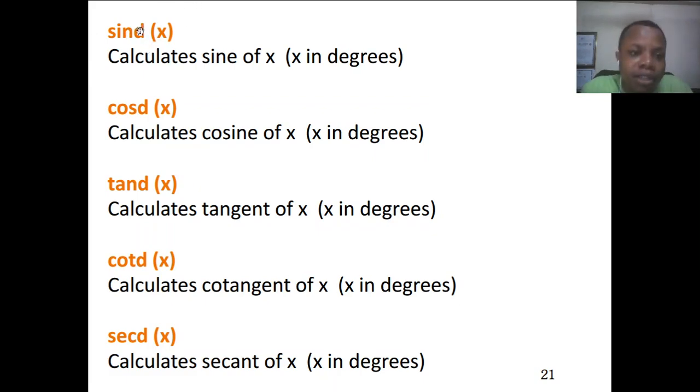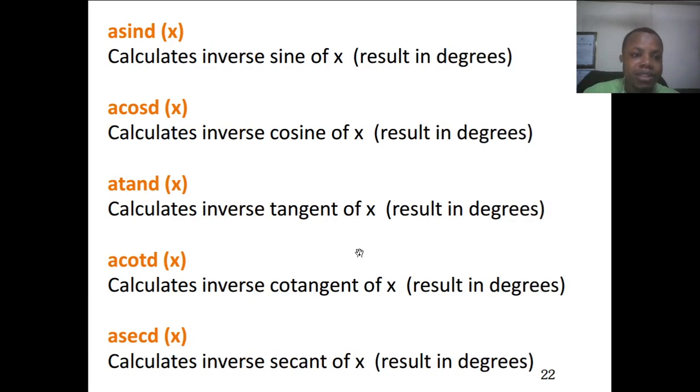Now we could also look at the sine if you would like to see the sine in degrees. Once you introduce the function and you add d, this is just going to give you the answer in degrees. The same thing happens to cos and tan, as well as cot and sec. Once you introduce d at the end of them, this is just going to give you all the values that you want in degrees.